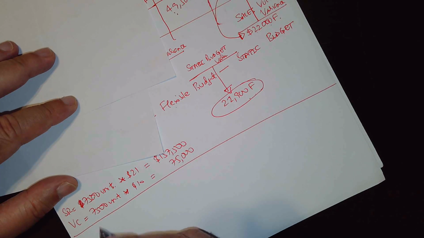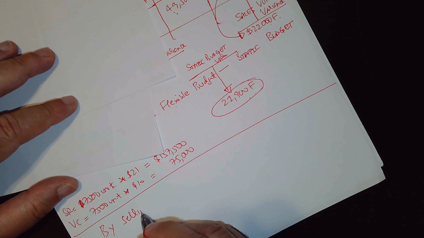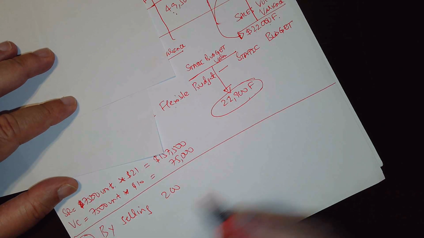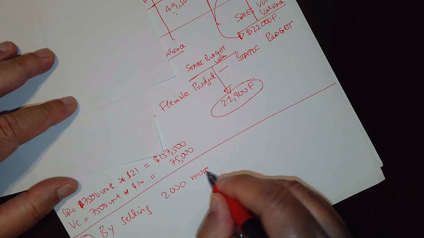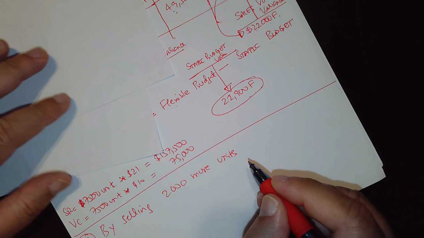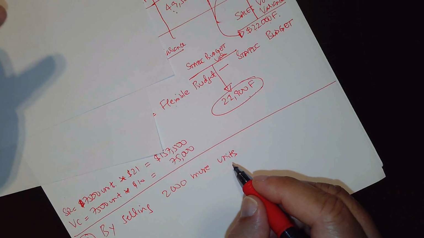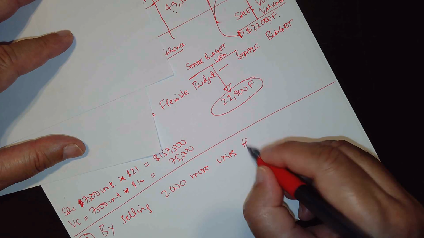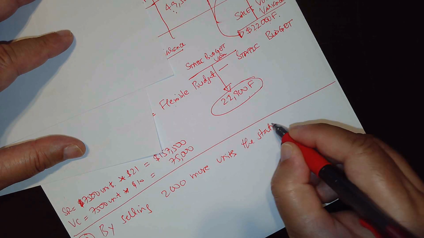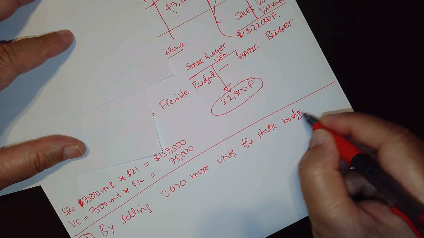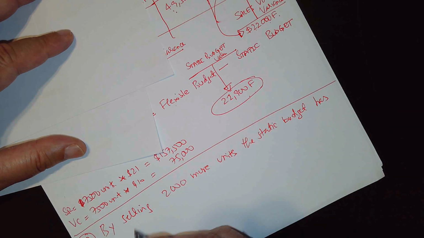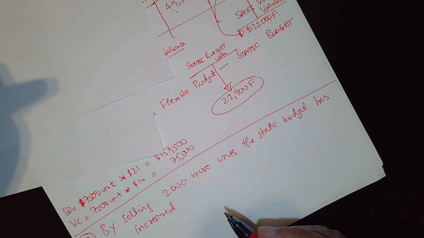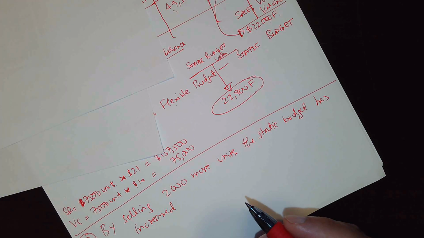By selling 2,000 more units, the budget has increased because it has more sales.